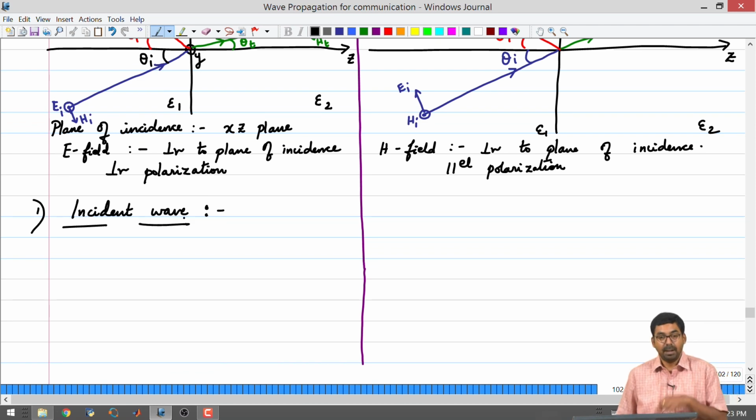I am having an incident wave and I am going to write down some expressions. Specifically, I want to write down the expression for the electric and the magnetic fields. So, I will write down what we had seen before and then build on it.